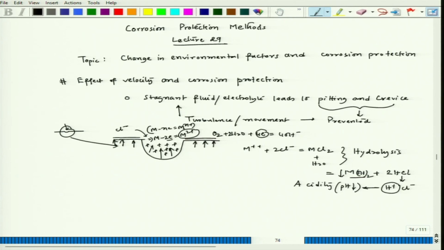Now, come to velocity or the turbulence. Now, this happens when there is one criterion, which is called stagnancy, stagnant fluid.